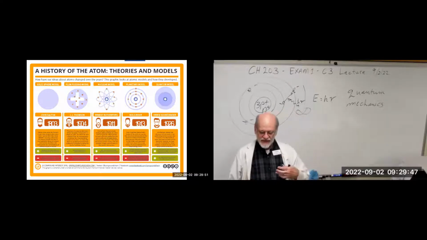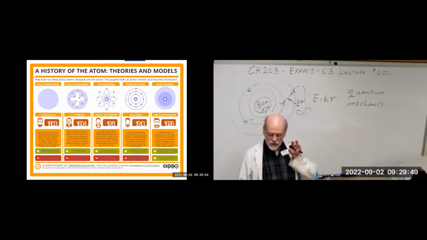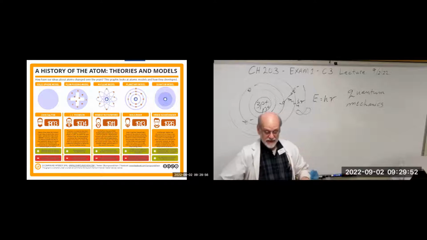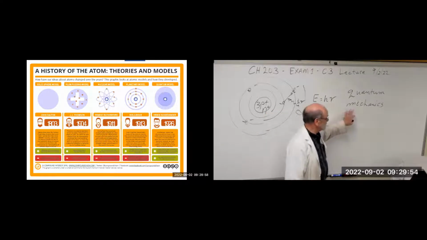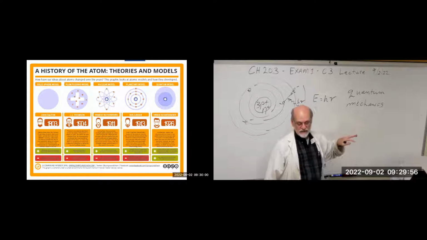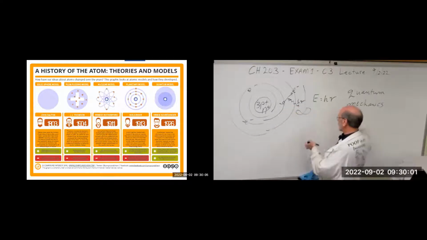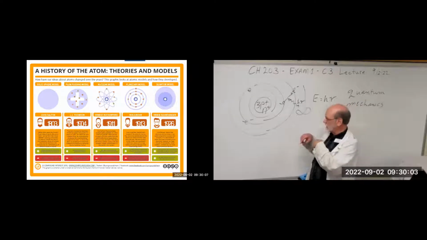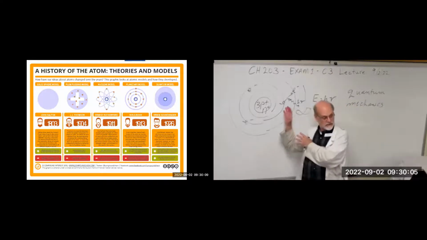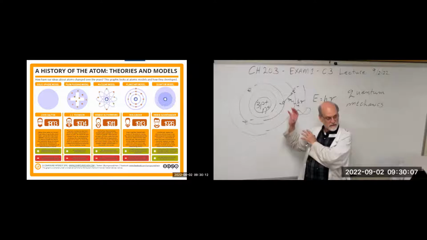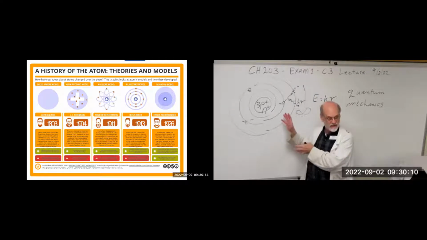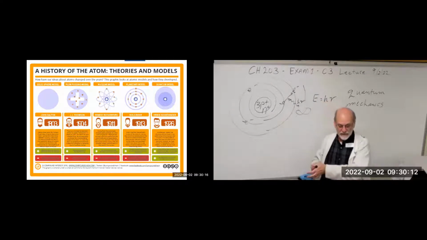But it just means that now we're getting closer to reality. And actually, the wave equations are based on probability. So when you solve these equations for the energy level of your electrons, then you can't say anything about where they are. Okay. And let's see, do I have that slide in here? No, I don't.